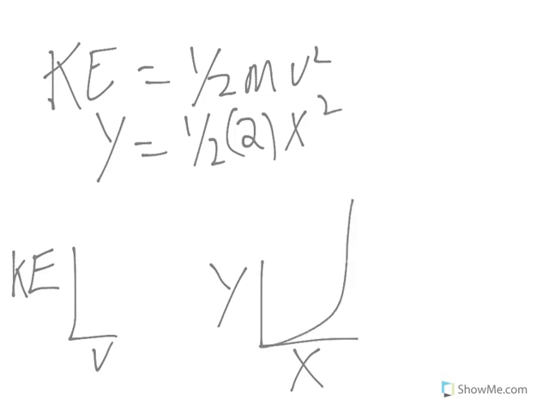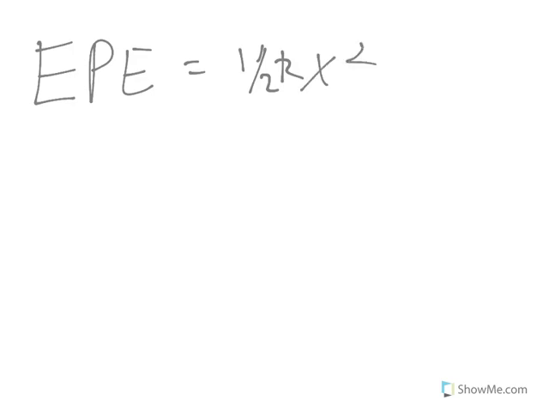Well, of course it would look like a parabola. So that means this looks like a parabola. That's 3. 4, same thing. Elastic potential energy equals 1/2 kx squared. And so, it should be a parabola as well.